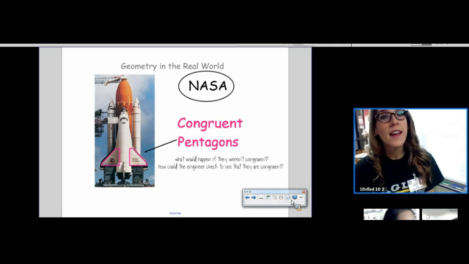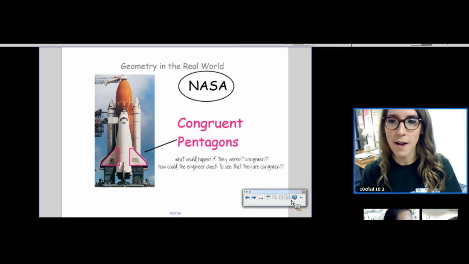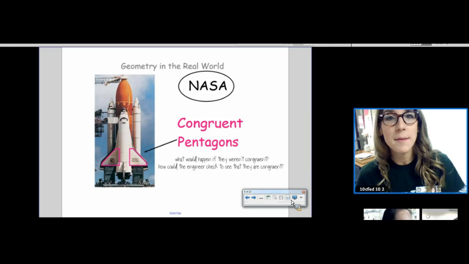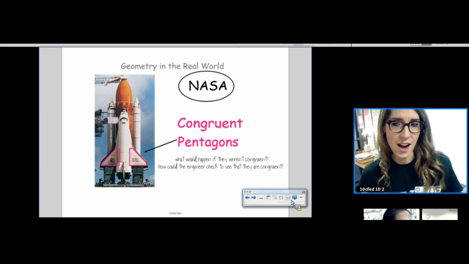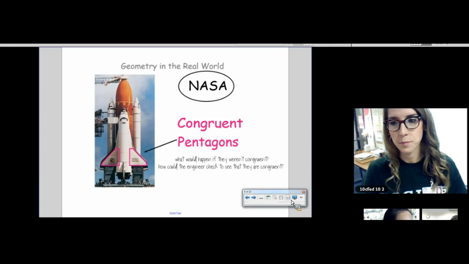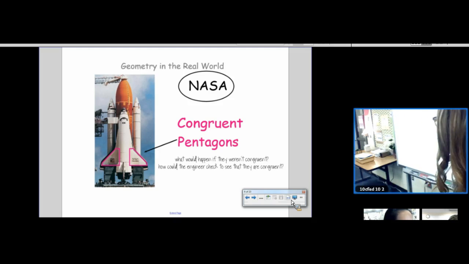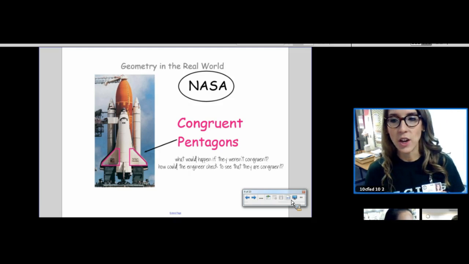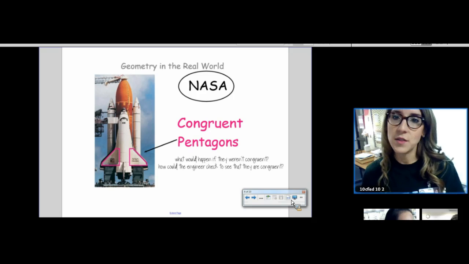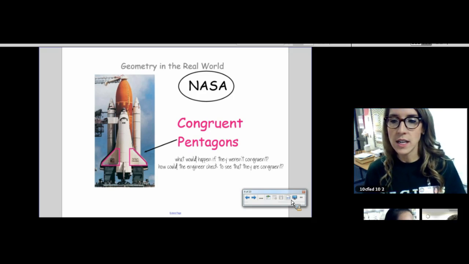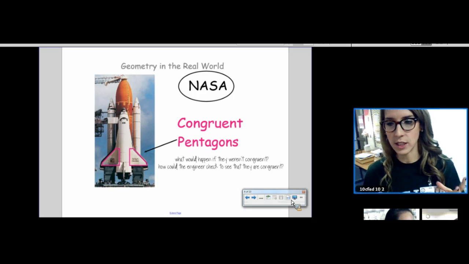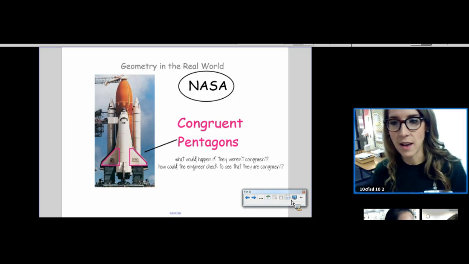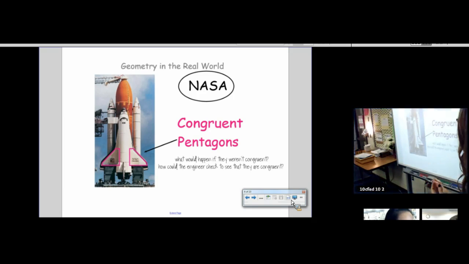And it's really important that whoever designs this knows about congruent figures. There has to be a lot of symmetry here or in any aircraft. And so what if the person on the job didn't understand what it meant to be congruent, didn't know how to check if two figures were congruent, didn't know which measurements to look at? That could mean bad things if they weren't trained correctly.